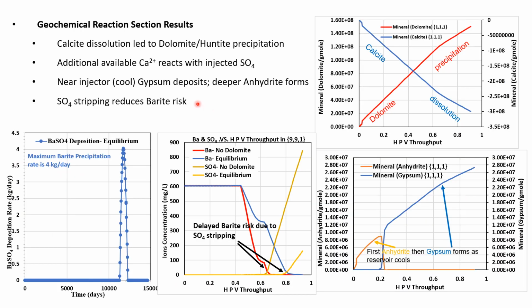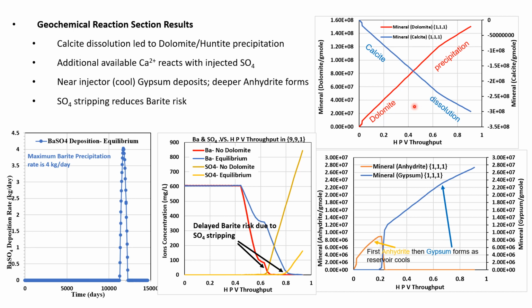Now the geochemical reaction results. In figure number 1, it is very clear there is an inverse relationship between calcite and dolomite or huntite, because the calcite dissolution drives the dolomite or huntite precipitation. That gives a lot of free calcium ions in the system.